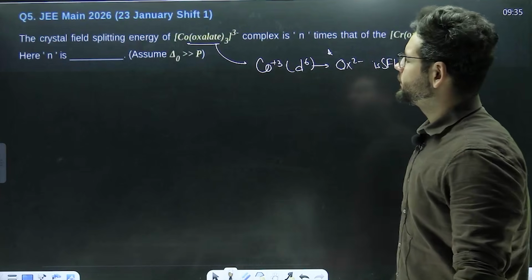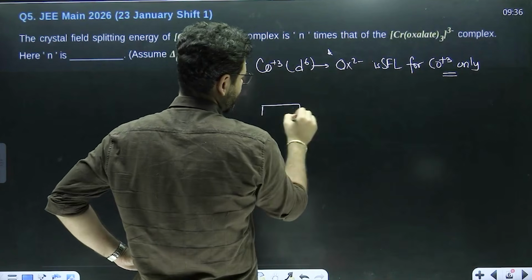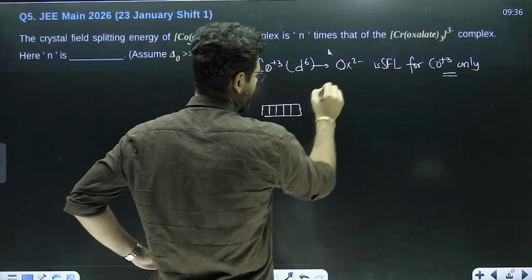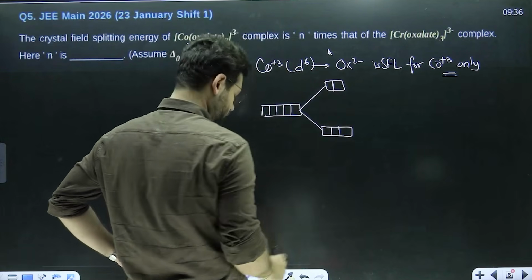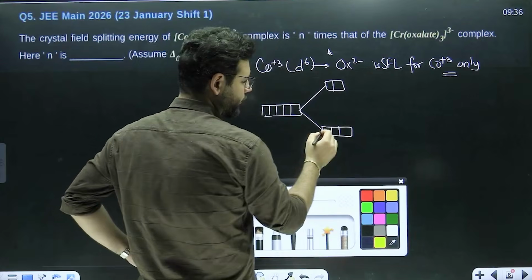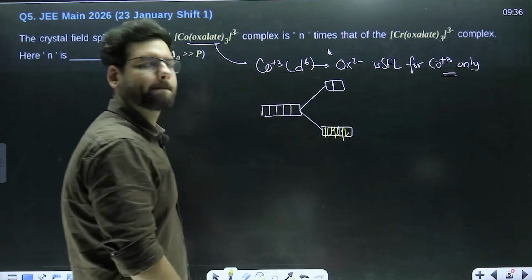So CFSE we have to find. What will be the CFSE? Let us see. d6 on splitting will do forceful pairing and will get 1, 2, 3, 4, 5, 6. Right?